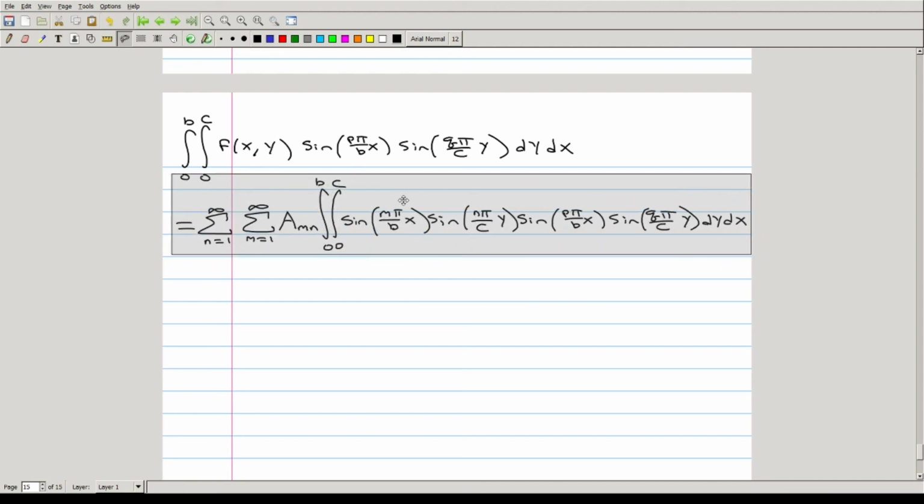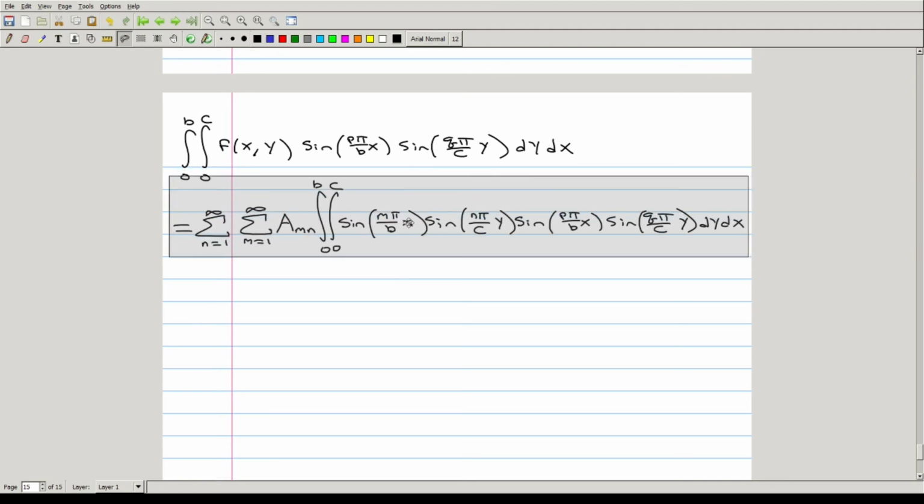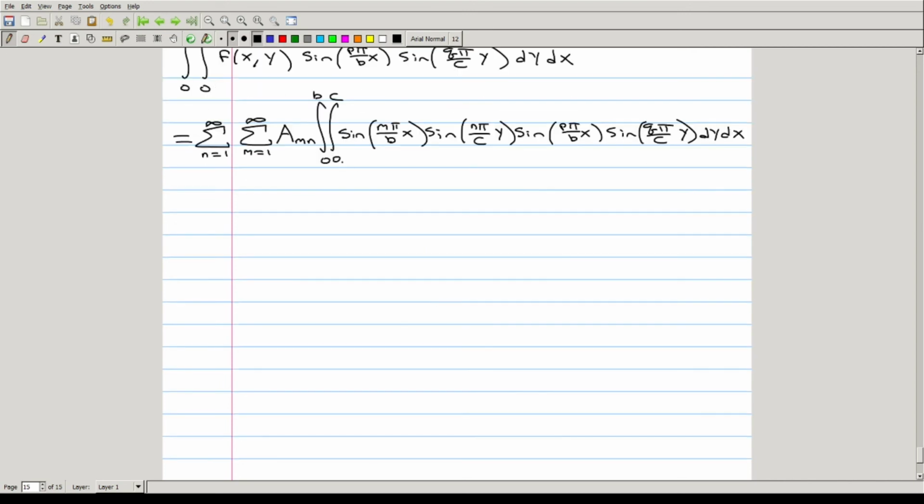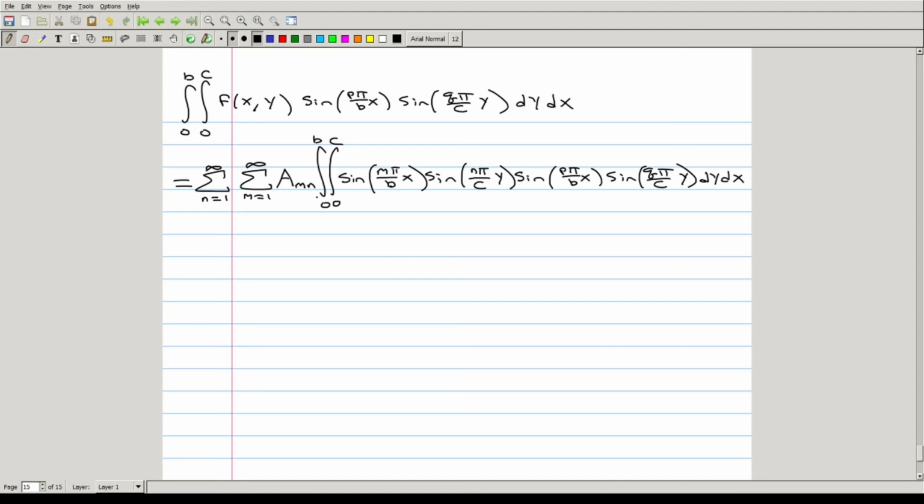And one of the things that you want to recall is that if you have a function that's in the form of a product, the double integral of a rectangular domain becomes the product of two single variable integrals.